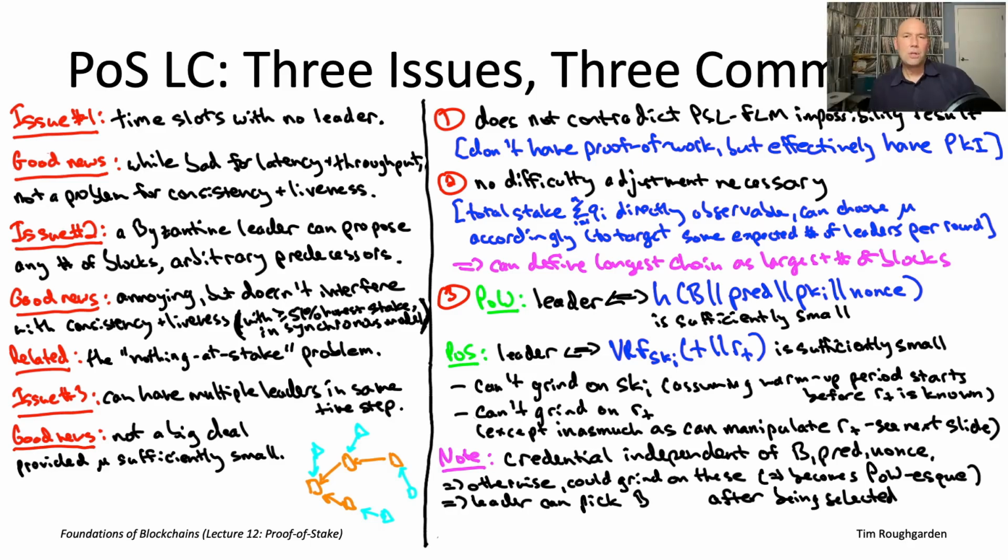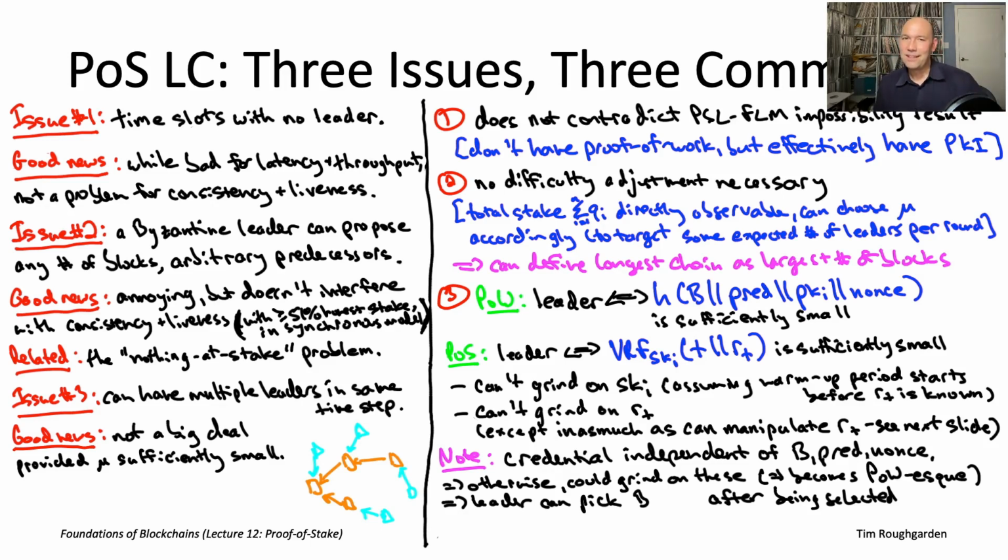The story is similar for the remaining field, the predecessor field. In the proof of work design, a lottery ticket includes encoded in it a commitment to a choice of a predecessor. So if you win the lottery, there's no more decisions to be made. You know not just what block you're proposing, but you also know which of the previous blocks you're going to be extending. In proof of stake, the predecessor is not part of the input. Why is it not part of the input?